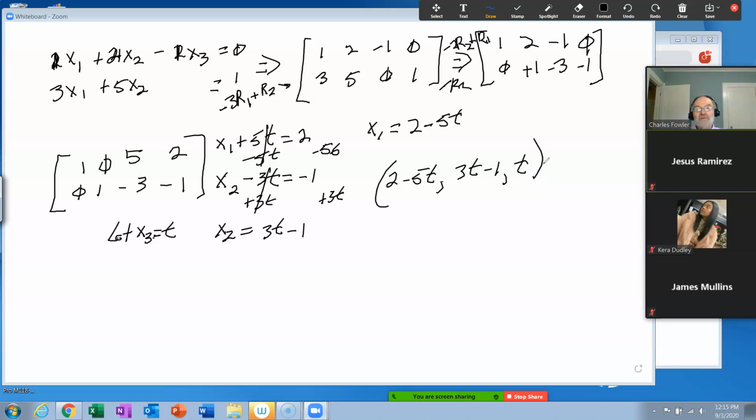You get 2, minus 1, 0. That works. Go back and plug it in. Pick any other t, 1. That gives you a minus 3, 2, 1. Plug it in. That works. Pick another t, minus 1. That gives you 7, minus 4, minus 1. That works. Okay? Any t.